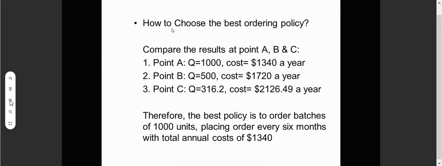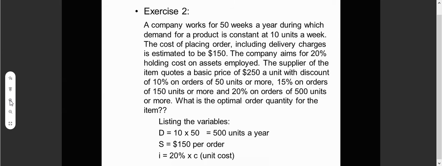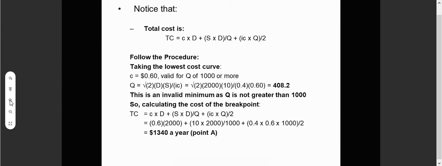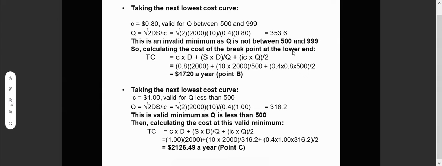Why is this value of Q not valid? Because this value is not in the range of 500 to 999. Okey.